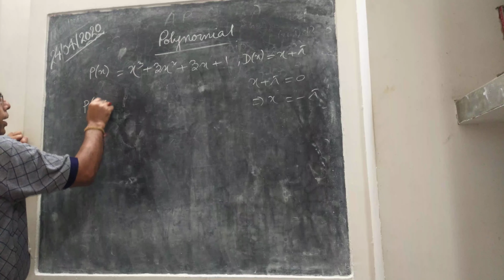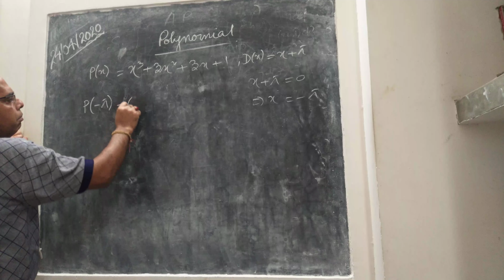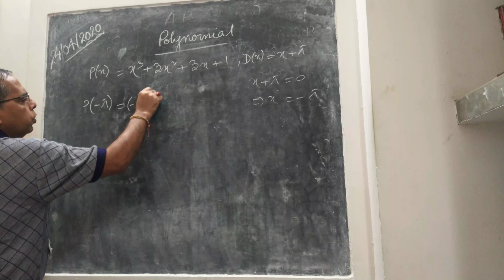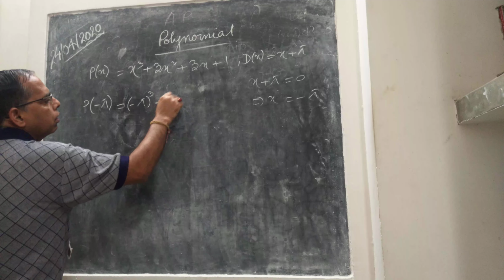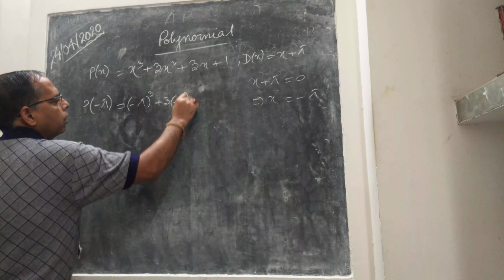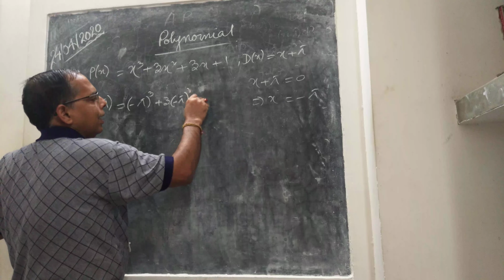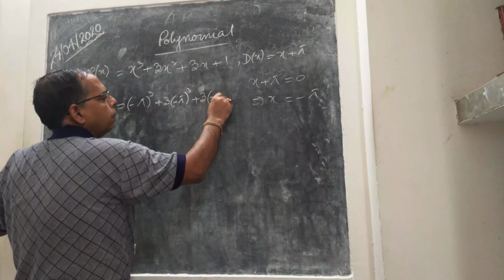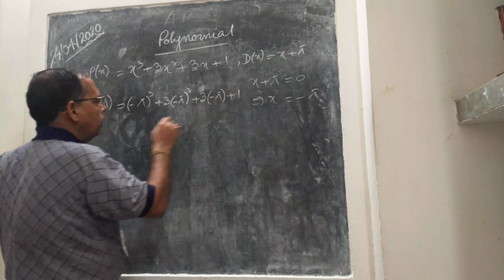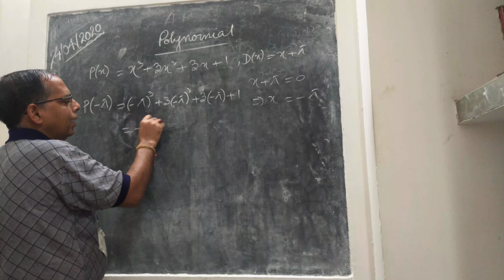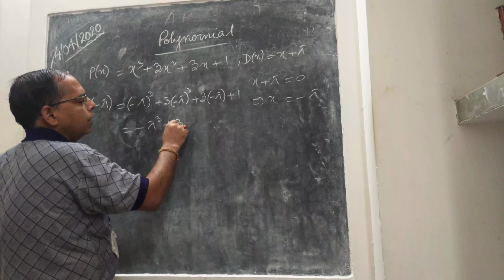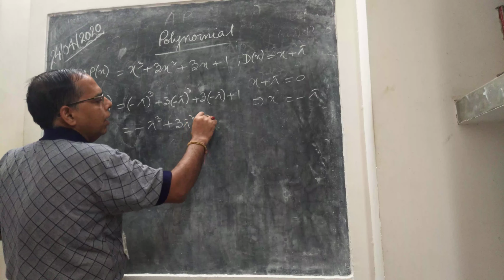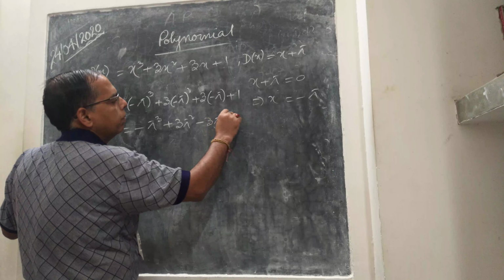See, p(−5) equals (−5)³ plus 3(−5)² plus 3(−5) plus 1.